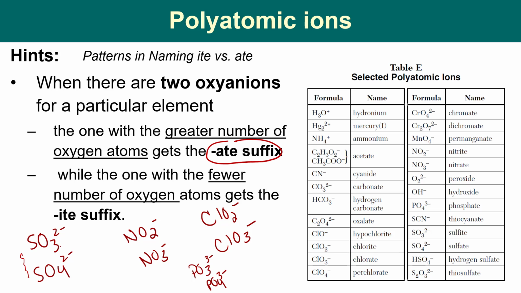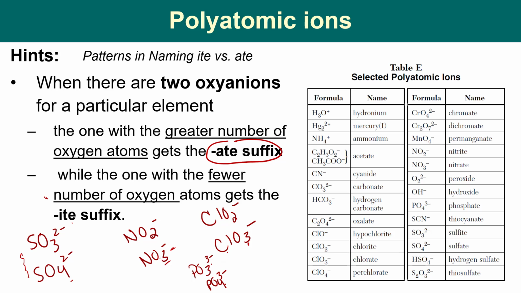So for instance, here we see SO4 would be sulfate, NO3 would be nitrate, ClO3 would be chlorate, and PO4 3- would be phosphate, while the polyatomic ion with fewer numbers of oxygens would get an ite suffix. So if SO4 is sulfate, SO3 is sulfite; NO3 is nitrate, NO2 is nitrite; chlorate, chlorite; phosphate, phosphite.